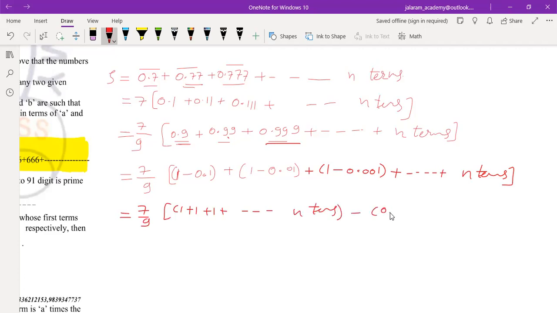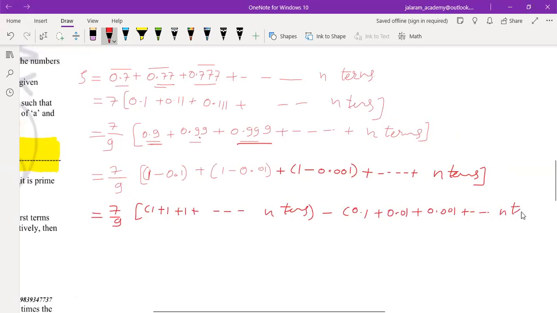Minus, taking the minus common from the second terms: 0.1 plus 0.01 plus 0.001 and so on up to n terms. If 1 is added n times, it gives n, minus this 0.1, 0.01, 0.001.